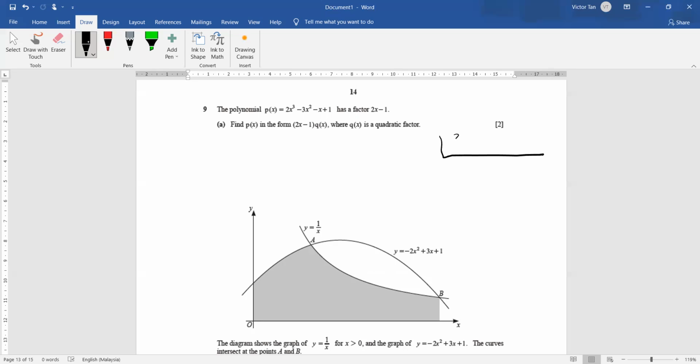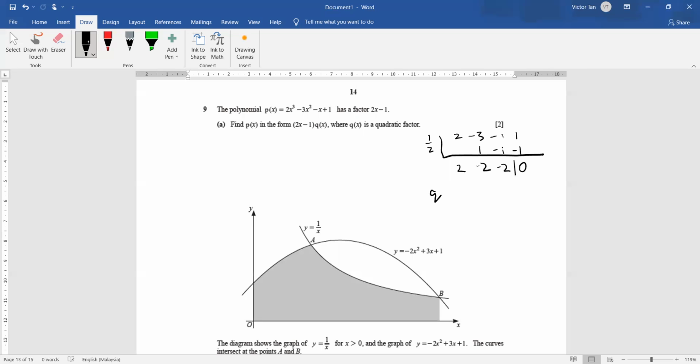So this will be 2, minus 3, minus 1, 1. This is half. Bring down the 2, times the half, plus you get minus 2, times the half, plus you get minus 2, times the half, and you get 0.